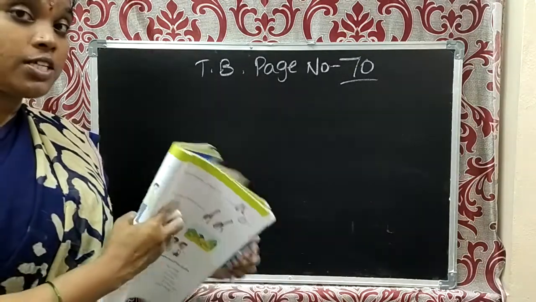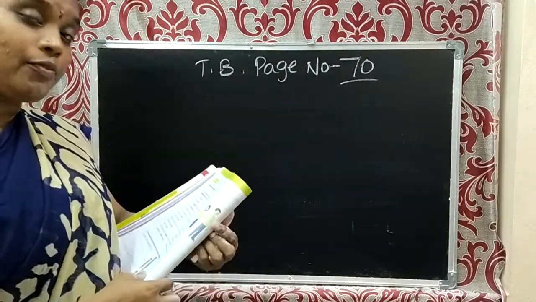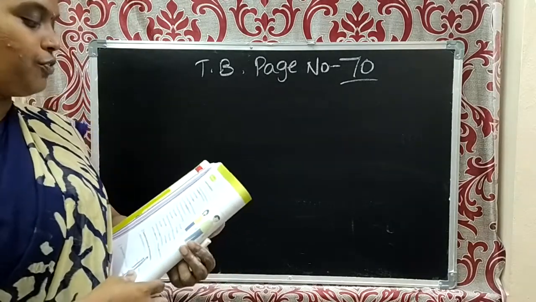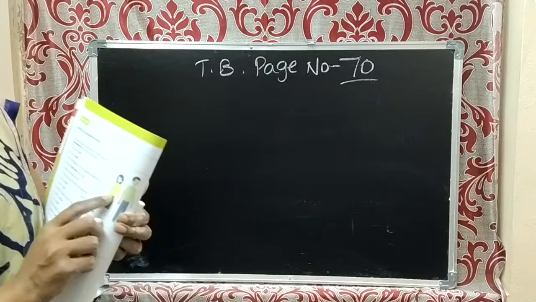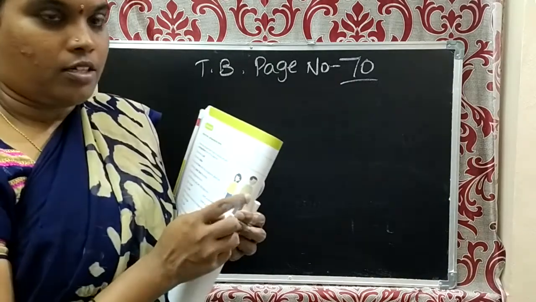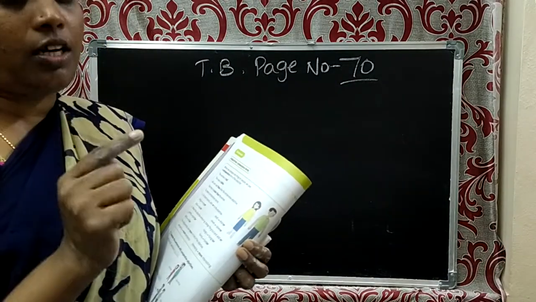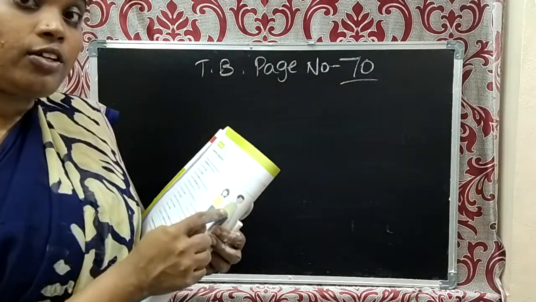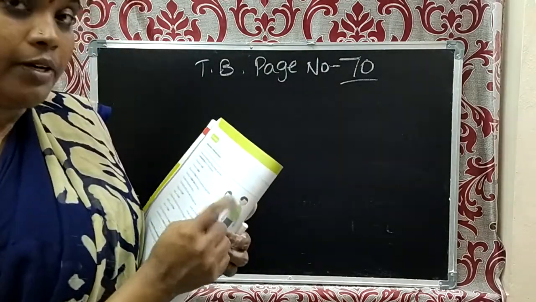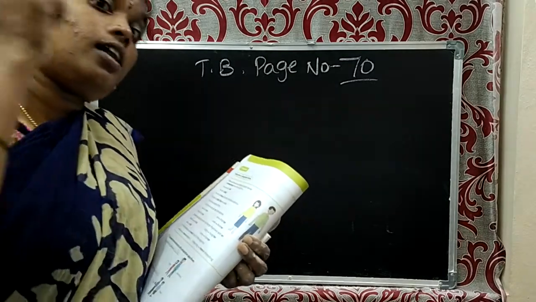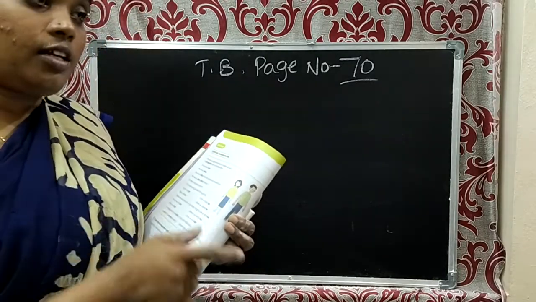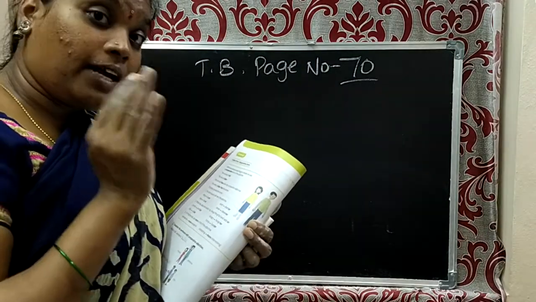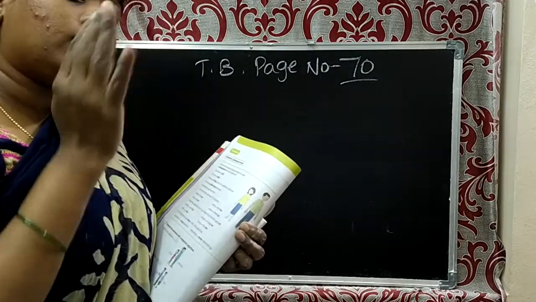So how many forms are there? Adjective, three forms. But which one can we consider here? The second one, that is the comparative form. Here, see, woman and man. The woman is tall. But here, the man, you can see the difference between them. The man is taller. So the woman is tall, but the man is taller than her.